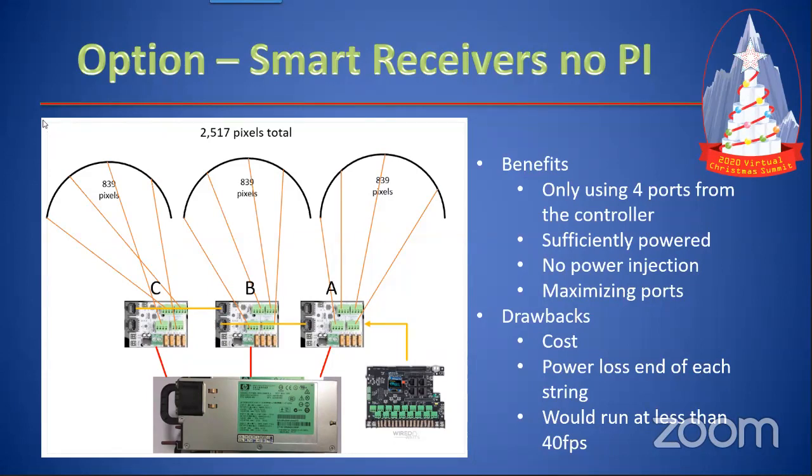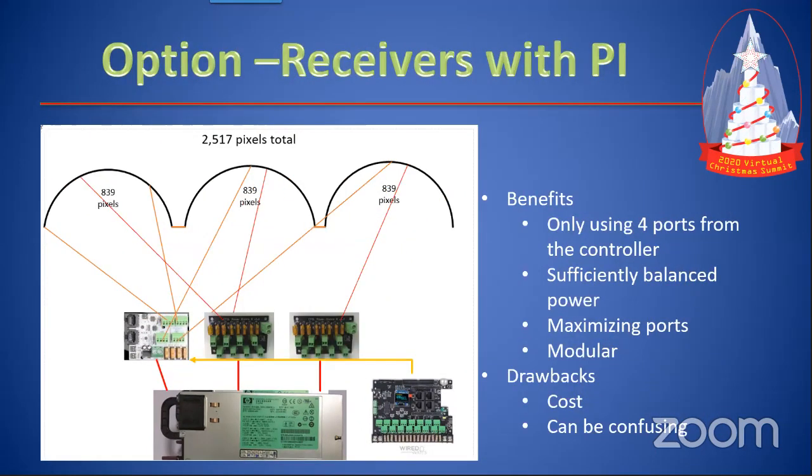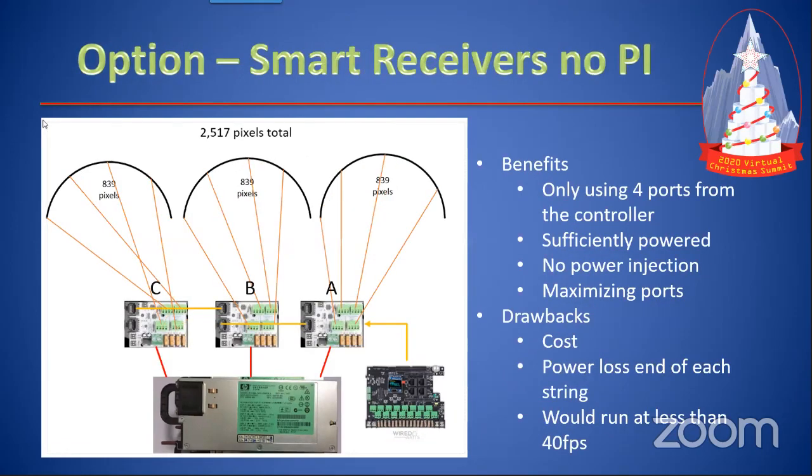Okay. And then Jay said, but they share the number of pixels per port restrictions that you would have if you only used 1 regular receiver. Yeah, they still have restrictions on the number of pixels you can drive.